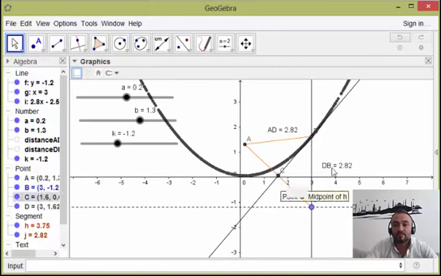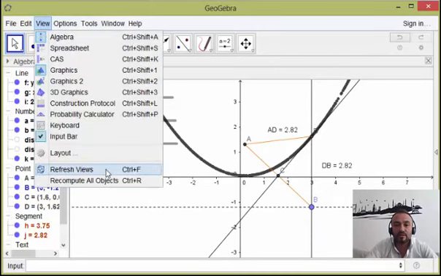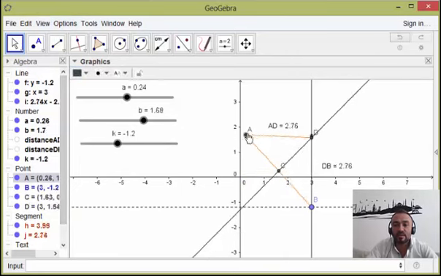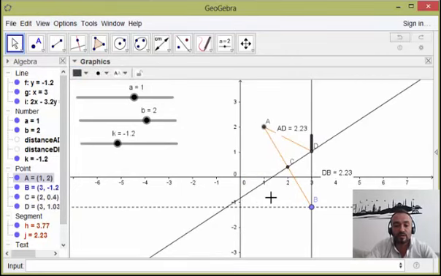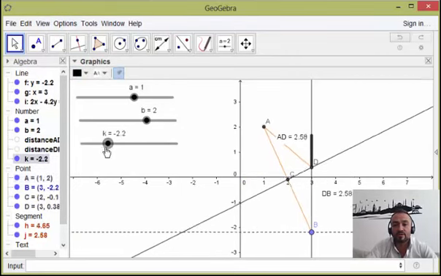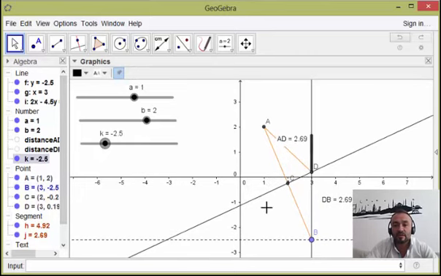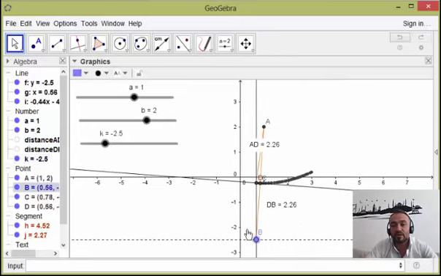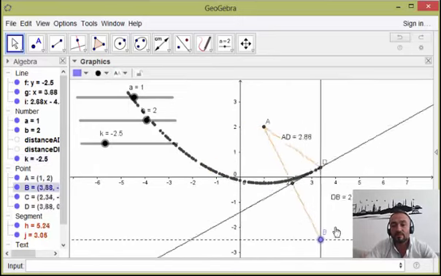Okay. Just clear the traces and move the point A somewhere different, and the directrix again somewhere different, then obtain a new parabola.